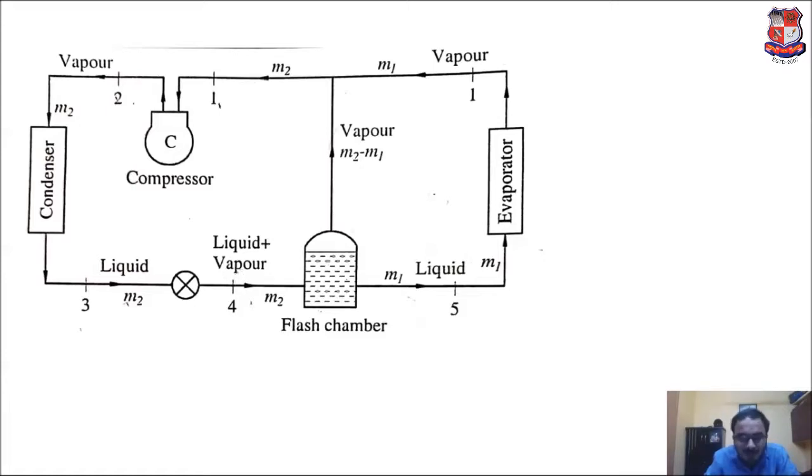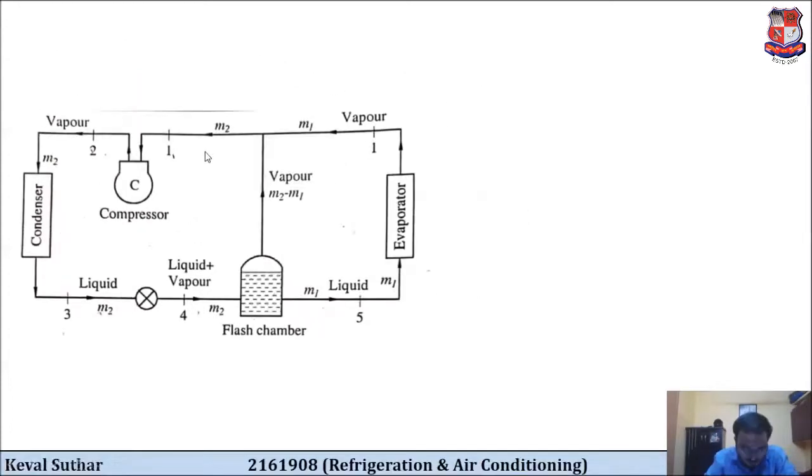So we are only allowing liquid to pass through the evaporator, and the vapor is taken directly towards the compressor. M2 is the total mass, M1 is the allowed portion, that is liquid passing through the evaporator, and this M2 minus M1 portion is not allowed to pass through the evaporator and goes directly into the compressor.